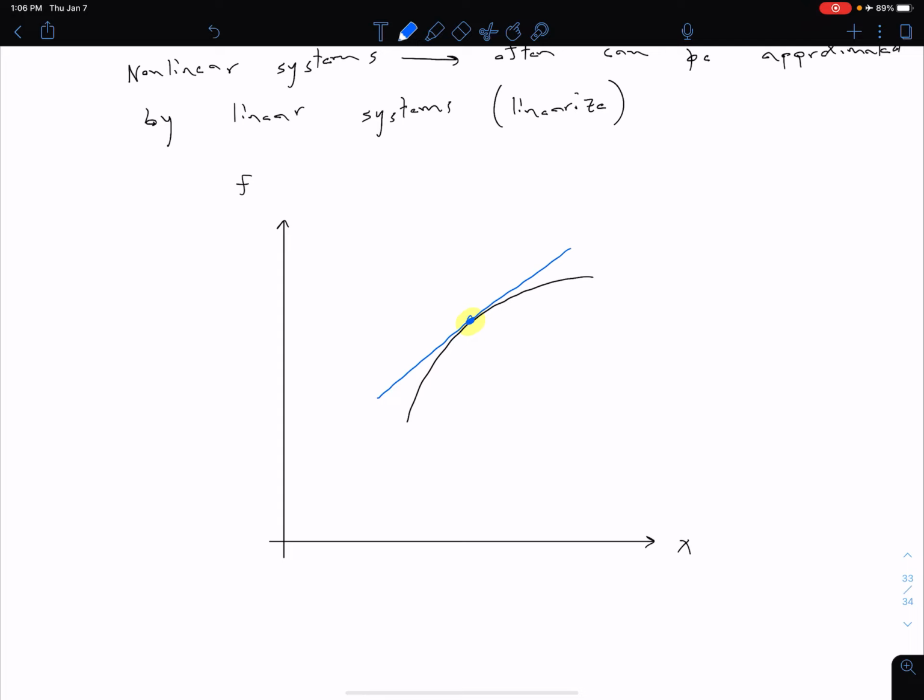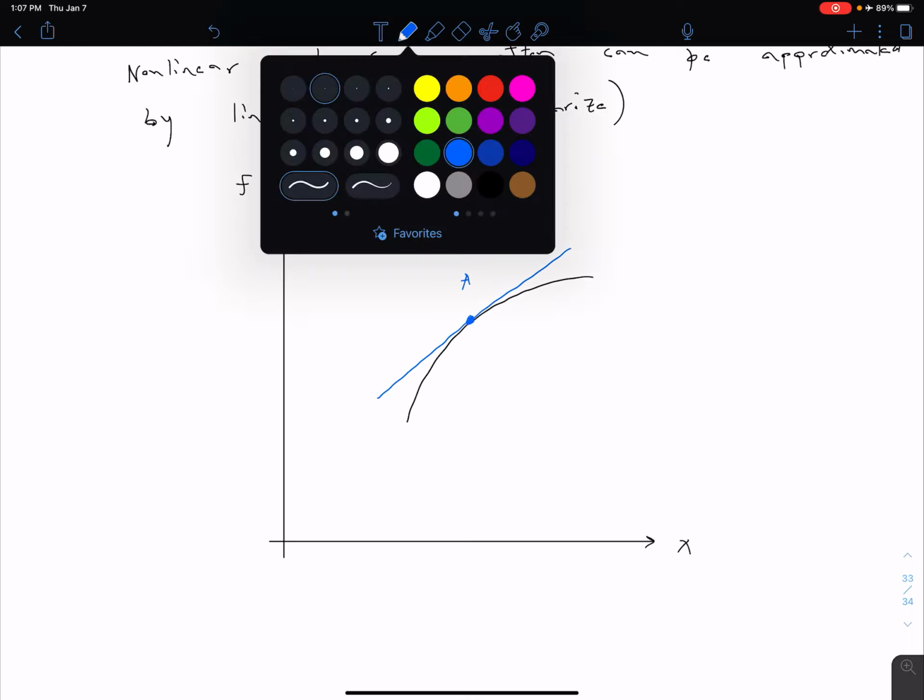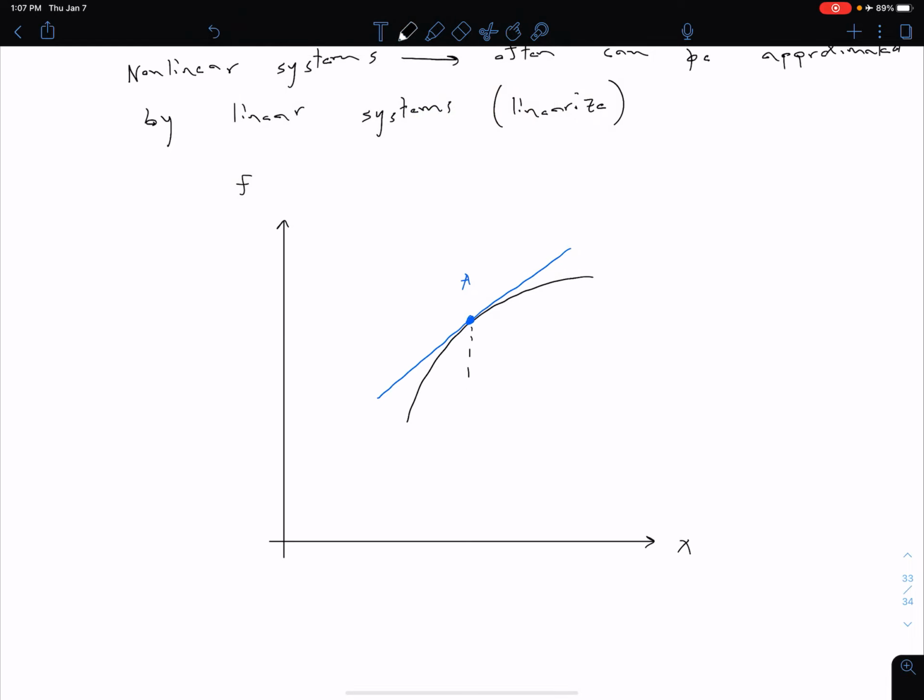That's if we're interested in this point here, so let's call this point A. At this point A, this is sort of our original spot. At our point A, we have some value of x and some value of our function. Let's call this x naught, and let's call this f at a value of x naught.